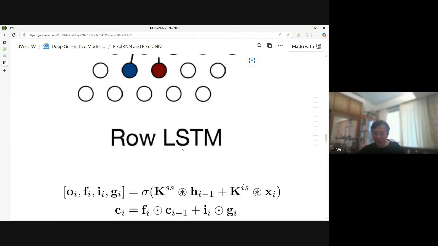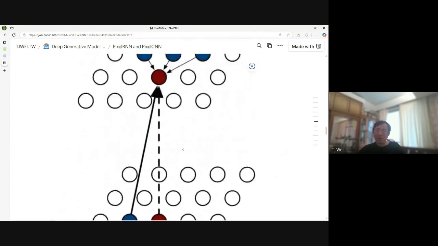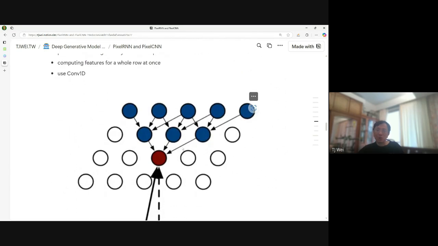Okay, so that's one way to do PixelRNN. It's quite interesting, but there are several issues. One issue is we probably need to generate the first row. If we want to generate the image unconditionally, we need some way to generate the first row, and it may not be the easiest problem. Unlike generating the first pixel, which should be easy because we only have 256 possible situations, and we can simply do statistics to generate the first pixel.